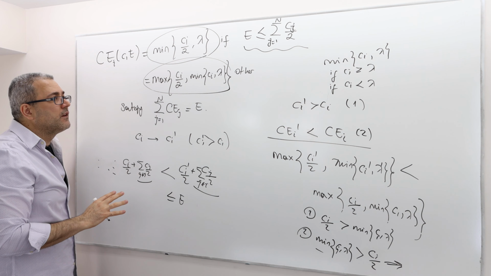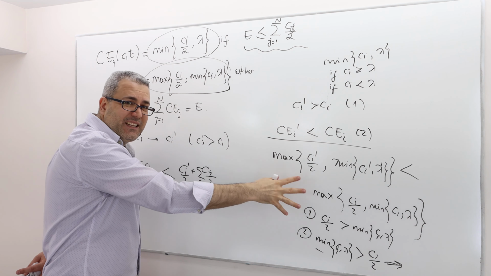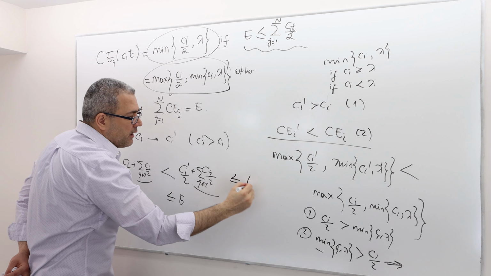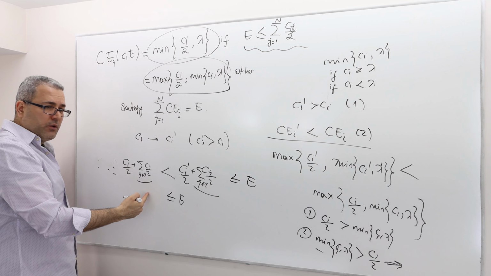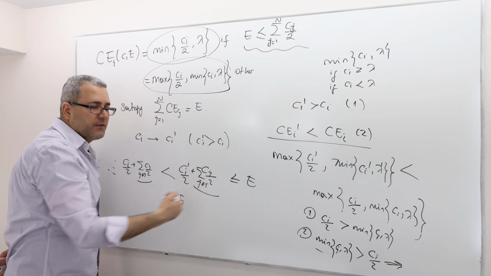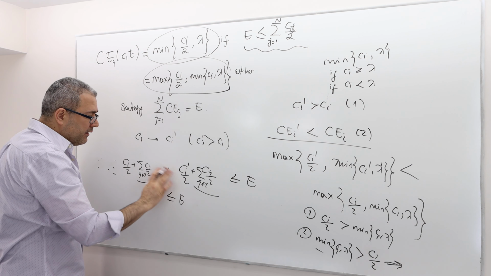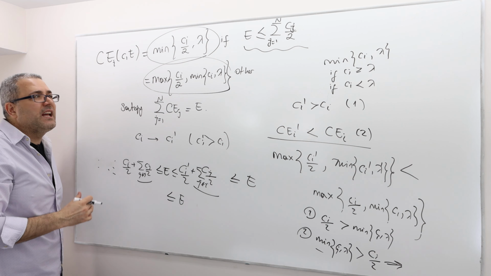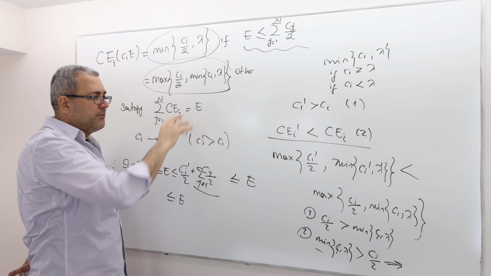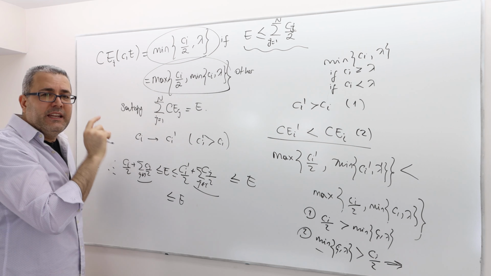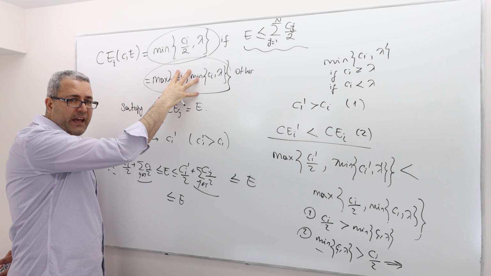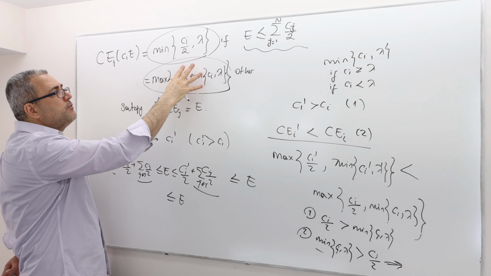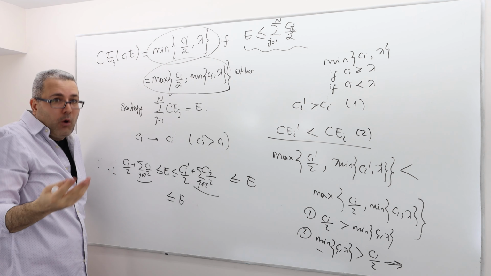So that is important. If you want to do this analysis, you need to assume that E is not only greater than or equal to this, but also greater than or equal to this. But what if E is in between here? What does that mean? That means the initial problem, the initial Ci and E, falls into this category. And then once I increase player I's claim, well, then the problem jumps to this one. Is it possible? Of course it is possible.